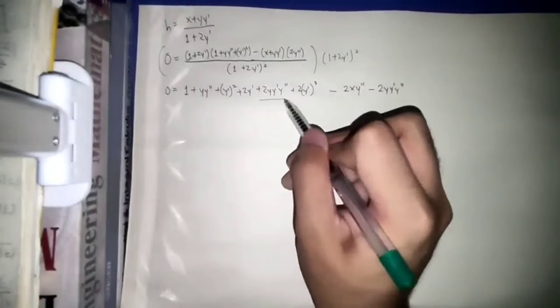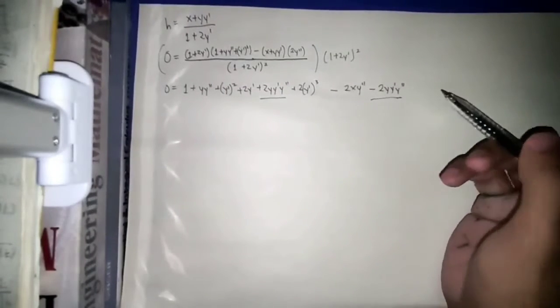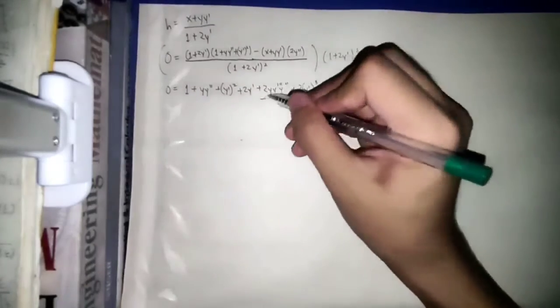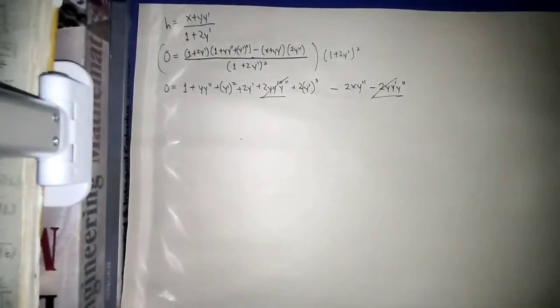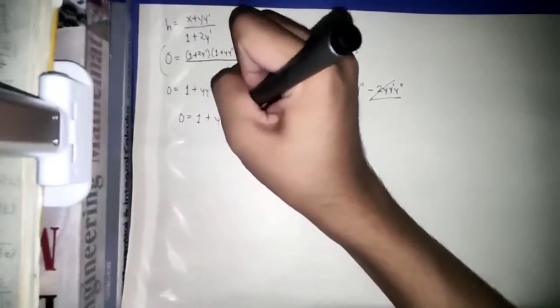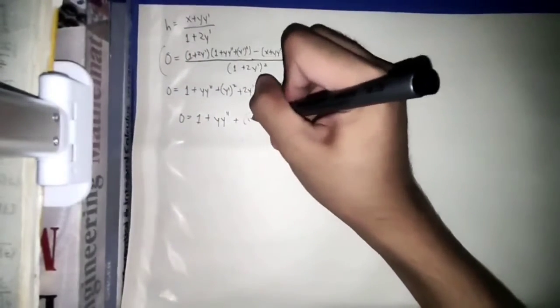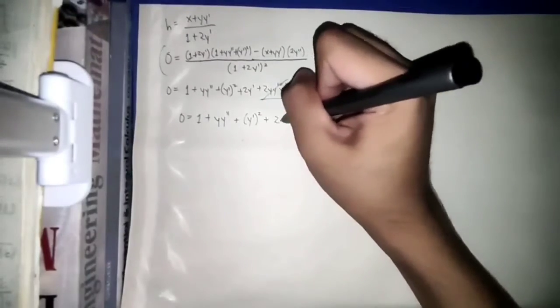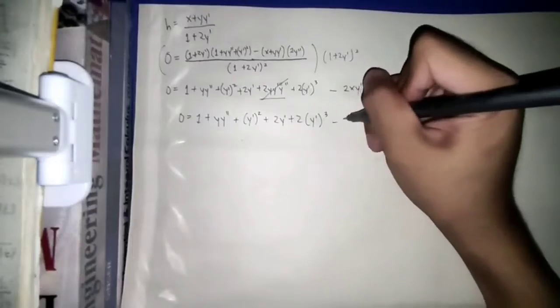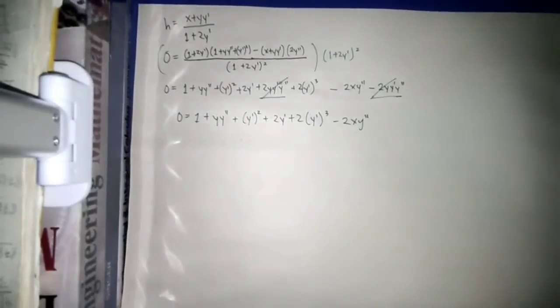As you can see, this term and this term will be equivalent to 0, so let us cancel them out, giving us 0 = 1 + y y'' + y'² + 2y' + 2y'³ - 2x y''.